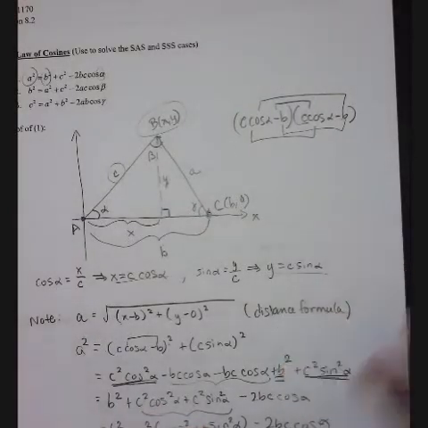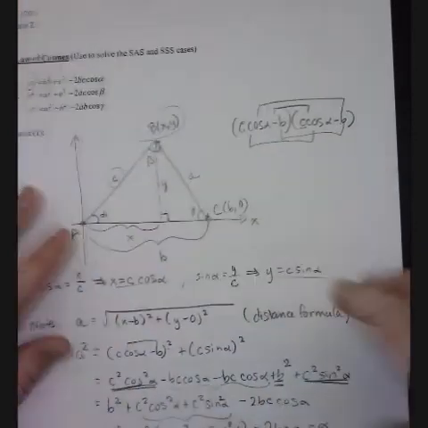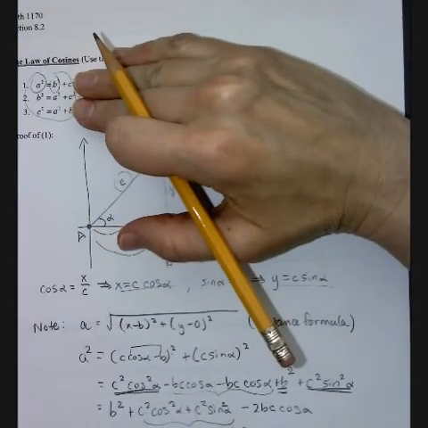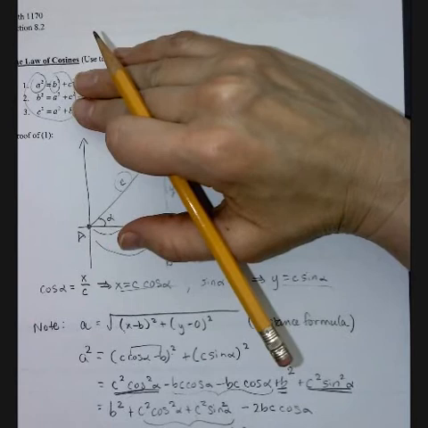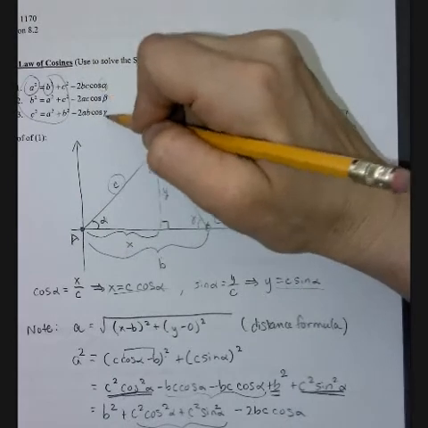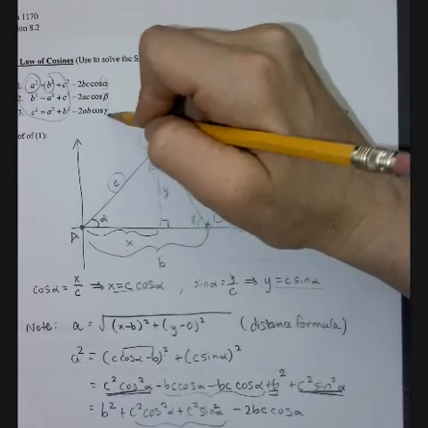Oh, and one other thing I should mention before I forget. Notice that this part here looks sort of familiar, I hope. It is basically the Pythagorean Theorem. And if alpha, beta, or gamma is 90 degrees here, cosine of 90 degrees is 0.